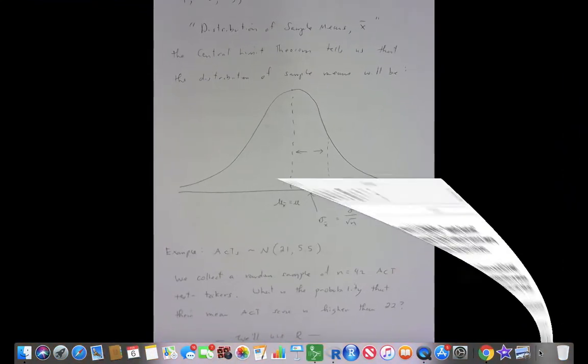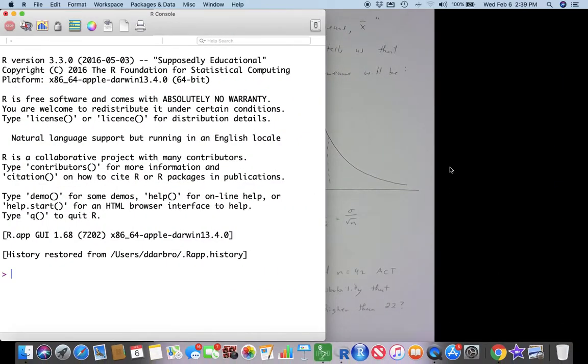So we'll use R for this. I can use pnorm. The first thing I want is the value, so in this case, it would be the mean of 22. The next thing I need is the mean of the distribution, which is 21.